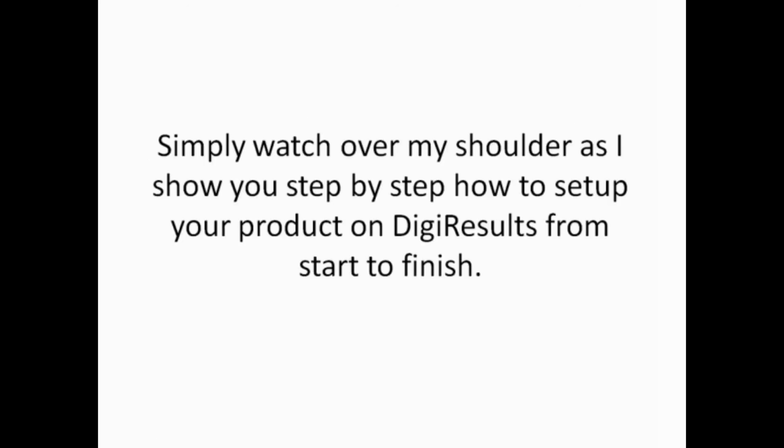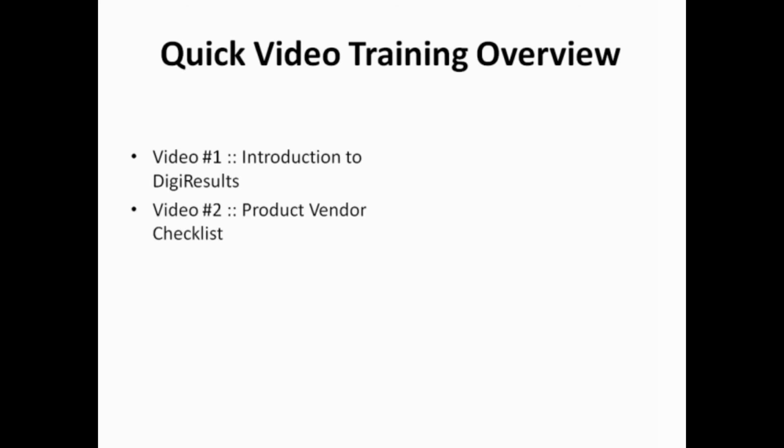You can simply watch over my shoulder as I show you step by step how to set up your product on DigiResults from start to finish. Here's a quick video training overview of all the videos in this video series. First of all, we have video number 1, the introduction to DigiResults. In video number 2, we're going to go over the product vendor checklist, basically what you're going to need to get started.